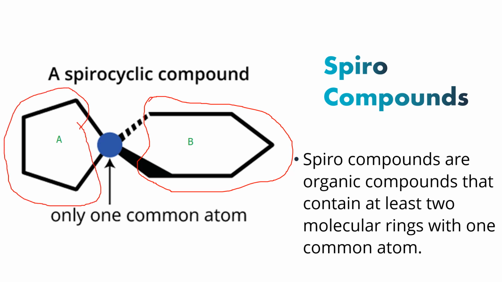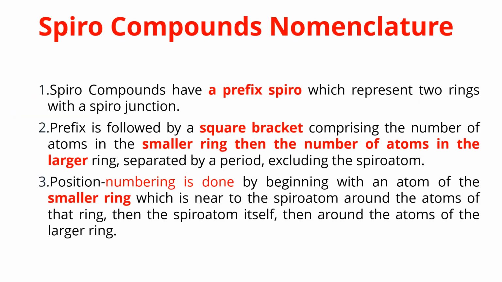In a Spiro compound, first of all, you consider the smaller ring and then you go for the bigger ring. So how can you name it and number it? You can see it from this line. In Spiro compound, the prefix Spiro is used. Then there is a square bracket. Then you write the smaller ring number of atoms first, and then you separate it by a dot, and then you write the bigger ring number.